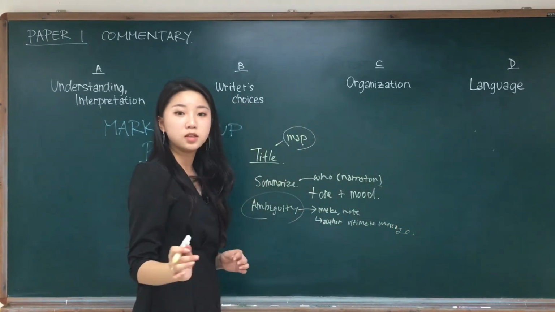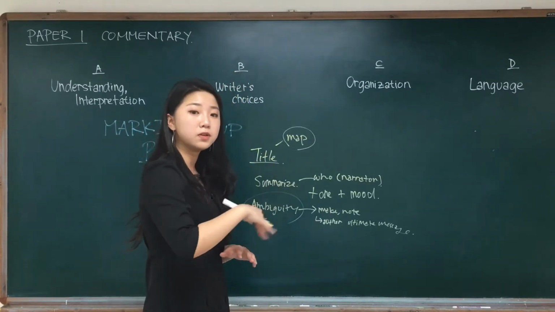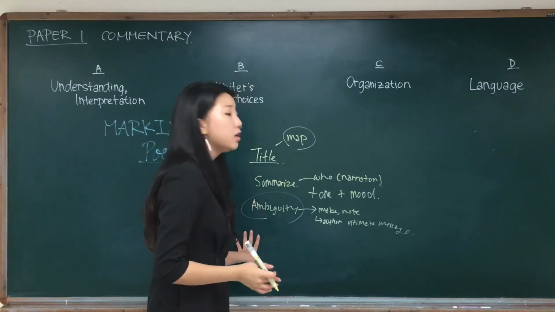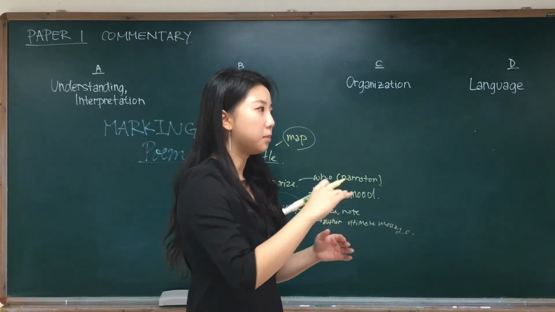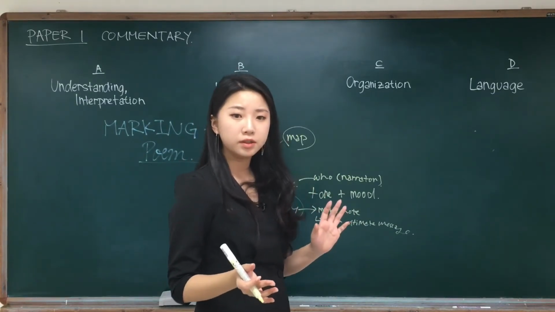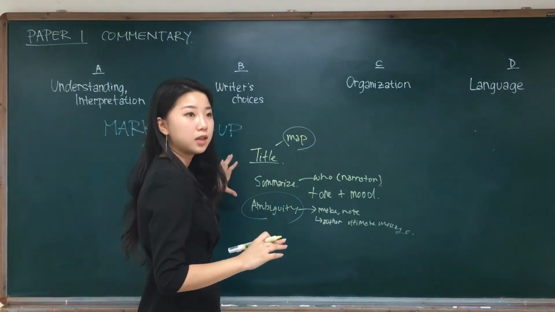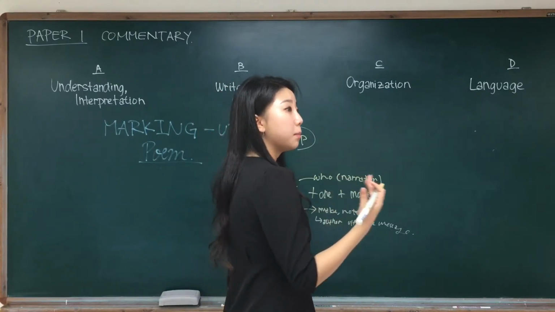Next, you also need to be able to spot the flows and the tensions of the poem. What I mean by that is that in a lot of cases, there is a contrast that occurs in the poem, and you need to recognize that there is a change, usually in the mood and atmosphere.